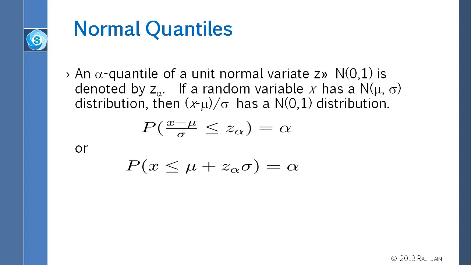If it is not standard normal, then the quantile is equal to mu plus Z alpha times sigma. So if it is 0 and 1, then it is exactly equal to Z alpha, otherwise it is mu plus Z alpha sigma. What that means is that if you want to get the quantile of a standard normal distribution, you can just read it from the book.